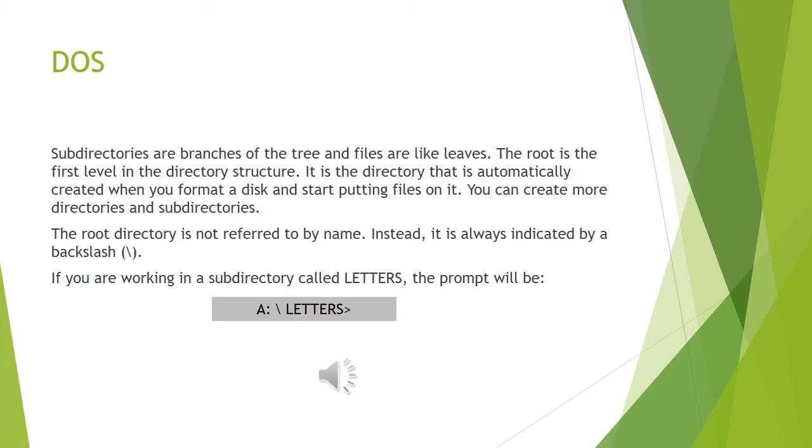You can create more directories and subdirectories. The root directory is not referred to by name. Instead, it is always indicated by a backslash. If you are working in a subdirectory, the prompt will be like this.